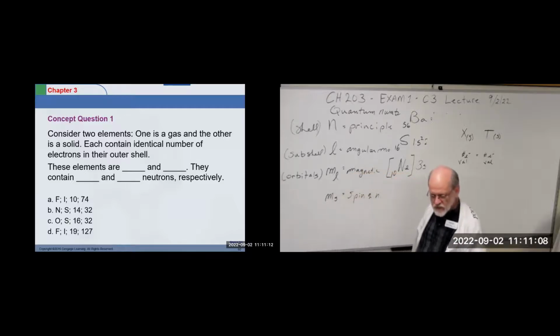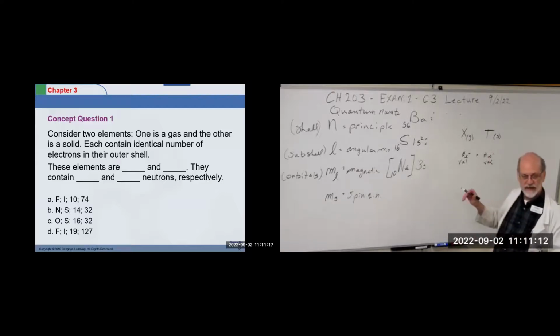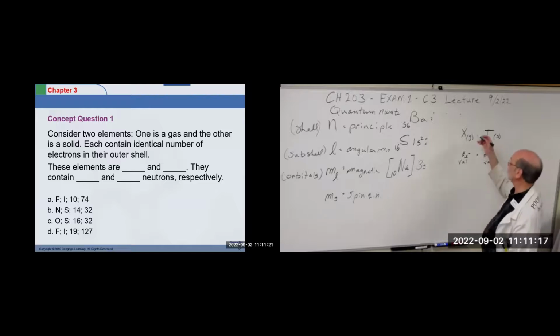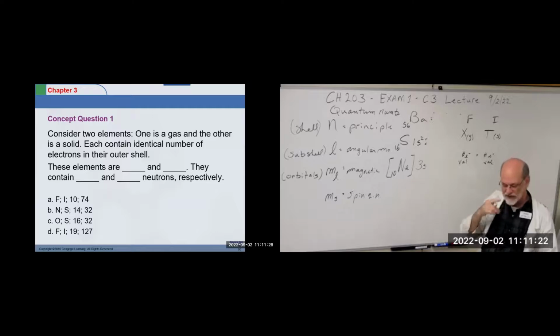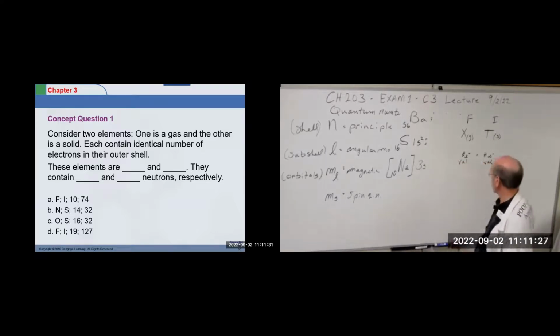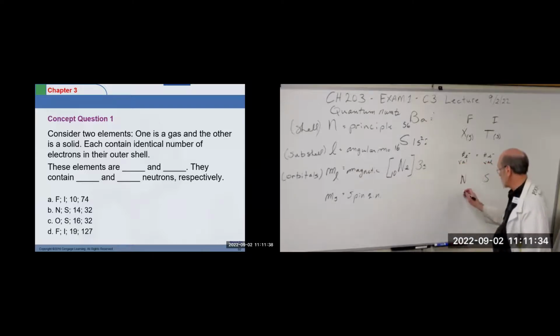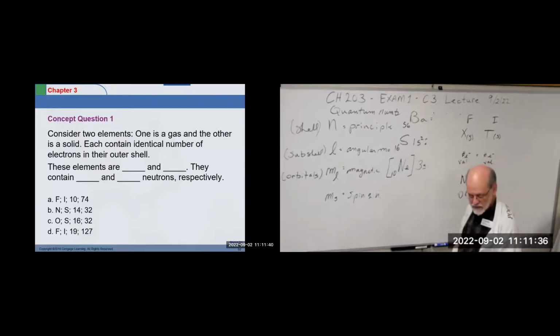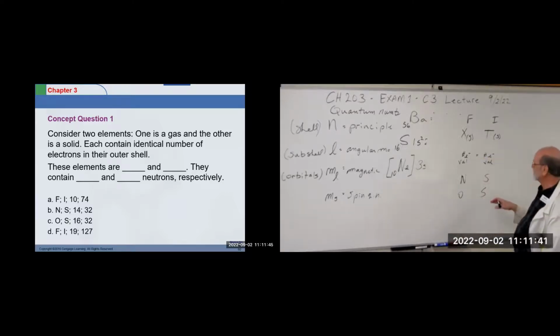Let's see which of those matches gas and solid. Fluorine and iodine? Yeah, fluorine's a gas, iodine's a solid, so that's possible. How about nitrogen and sulfur? Nitrogen's a gas, sulfur's a solid. Oxygen and sulfur works too. So it looks like we're not going to be able to eliminate. The last one is fluorine and iodine.